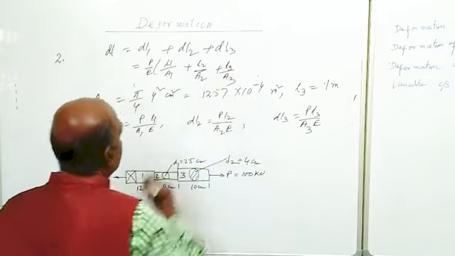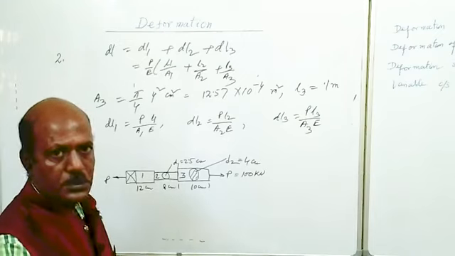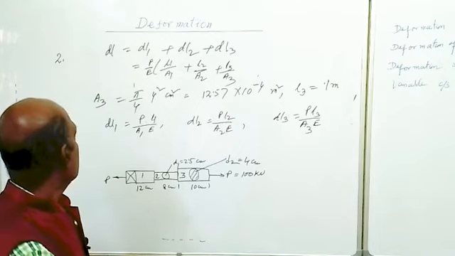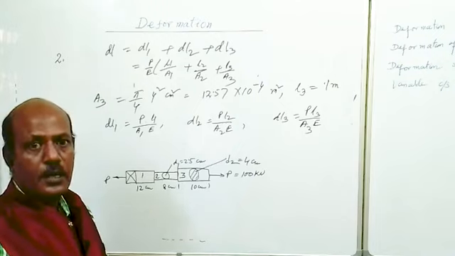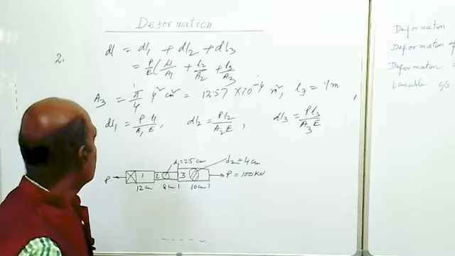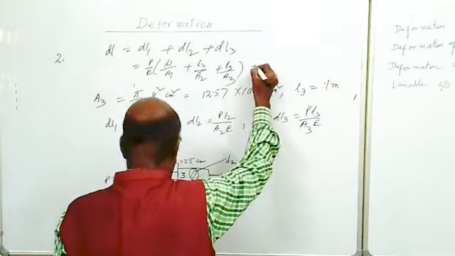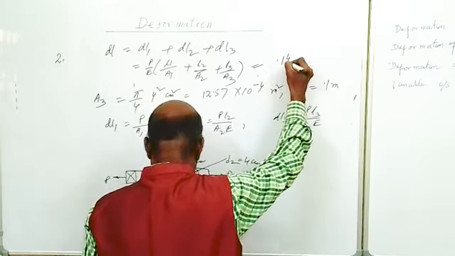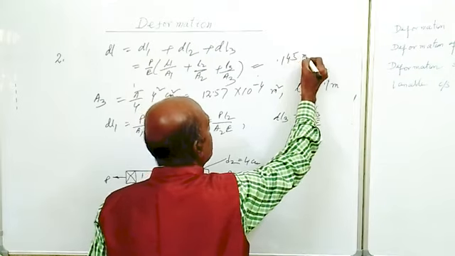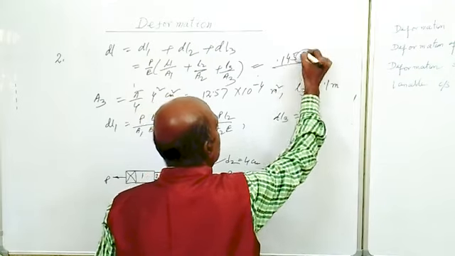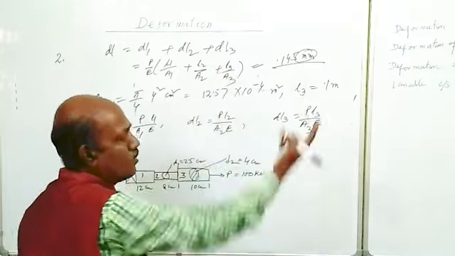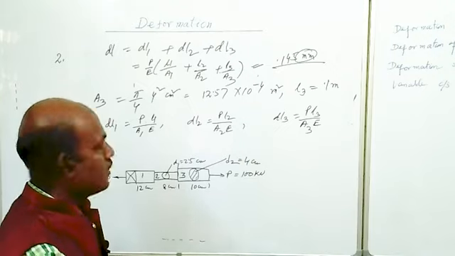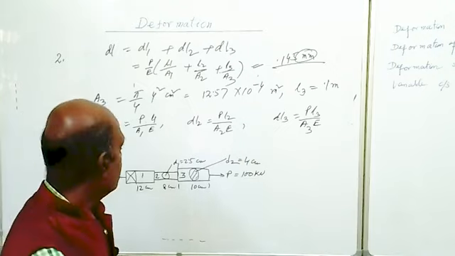So, we have got A1, A2, A3 values, L1, L2, L3 values, P is given 100 into 10 to the power 3 Newton, and E is given 200 into 10 to the power 9 Newton per meter square. So, if we put these values, the total deformation produced in the bar is 0.145 millimeter. I am writing in millimeter, it will come in meter, then convert it and it will be in millimeters. So, this is one part of the problem, what is the deformation produced in the bar.